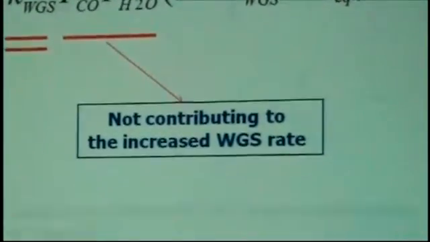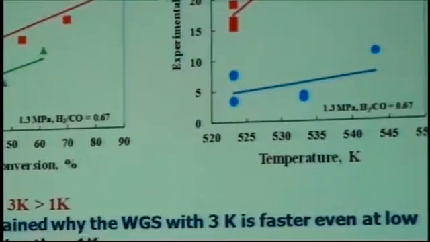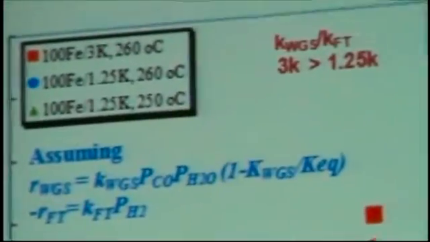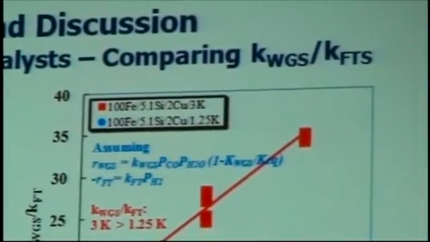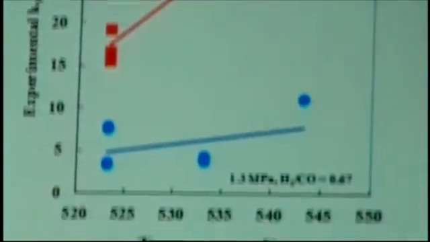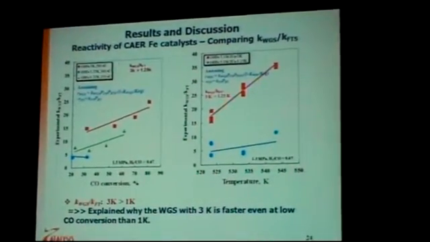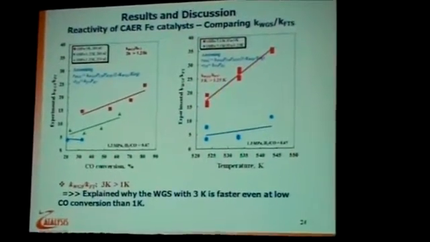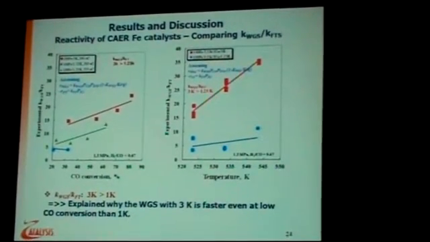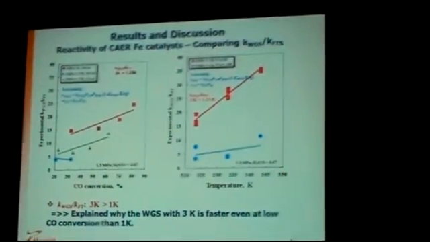So we calculated the water gas shift reaction rate constant and the Fischer-Tropsch reaction rate constant, and plotted their ratio with conversion and with temperature for both catalysts, as shown in the left and right pictures. What we can find is that the ratio increased with CO conversion and increased with temperature, which suggests improved water gas shift reaction during Fischer-Tropsch synthesis.